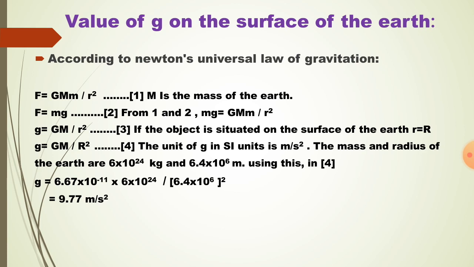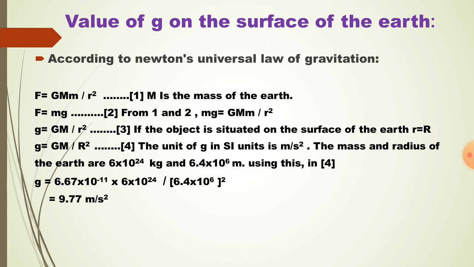According to Newton's universal law of gravitation, F is equal to G M m upon r square. Here M is the mass of the earth. Then F is equal to mg. So from equations 1 and 2, what will we get?